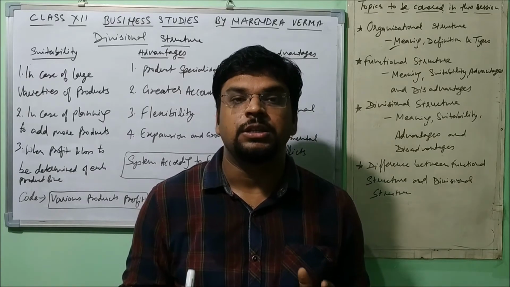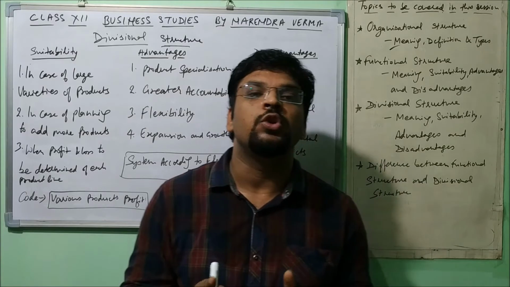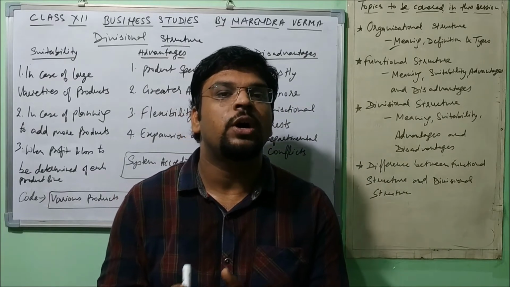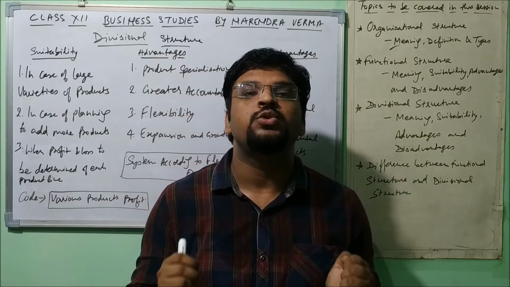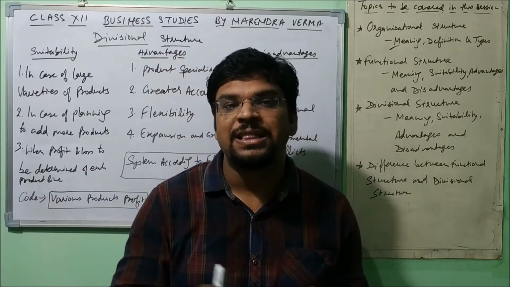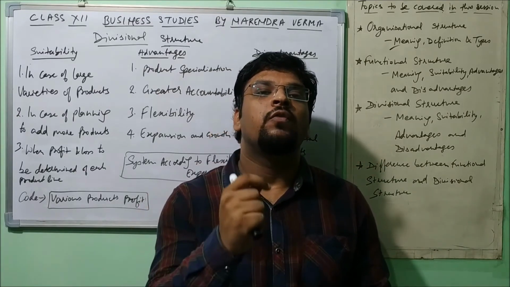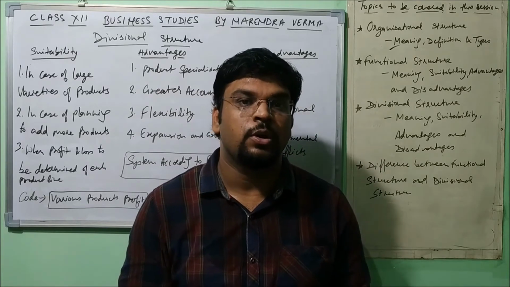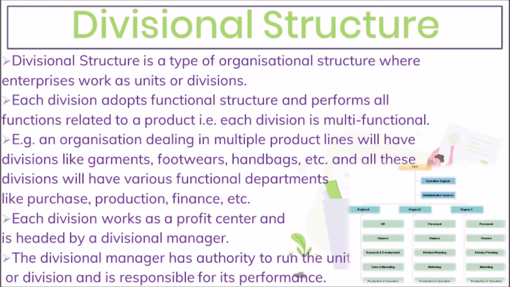But these separate units and divisions will be headed by individual heads. They will be authorized to take decisions related to the promotion of that particular unit, and they are also accountable for producing profit, or incurring loss, right?